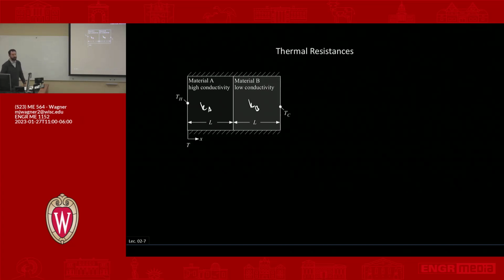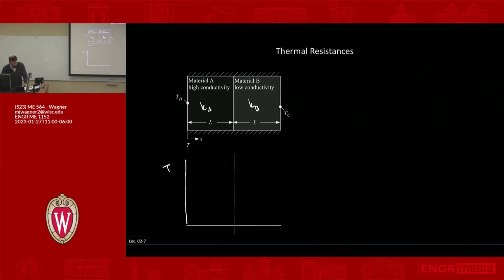And without even doing calculations or knowing specific values for this, we can sit here and look at this and decide roughly what the temperature profile is going to look like in this body. All right, so let's sketch out temperature as a function of position here. I'm going to bring down my little divider.